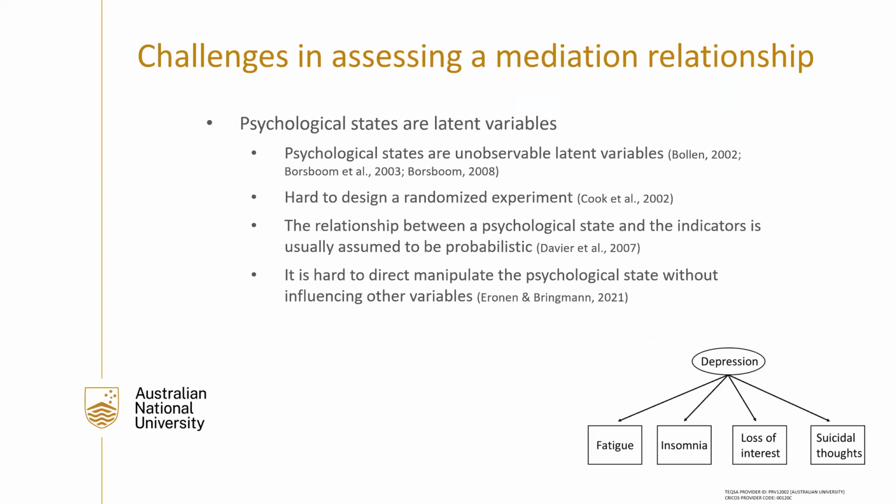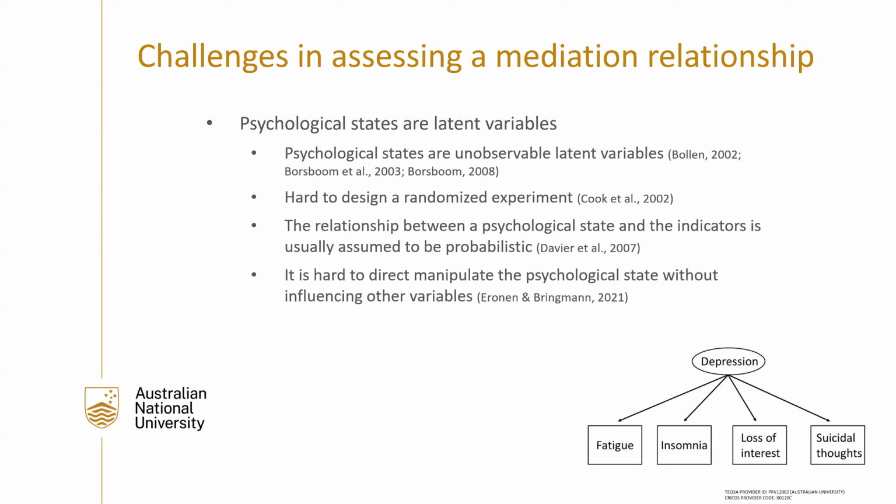The first challenge researchers may face when using psychological states as mediators is the latent variable nature of these psychological states. Most psychological states are unobservable latent variables, and they are usually assumed to be interval or continuous variables that cannot be categorized as either presence or absence.